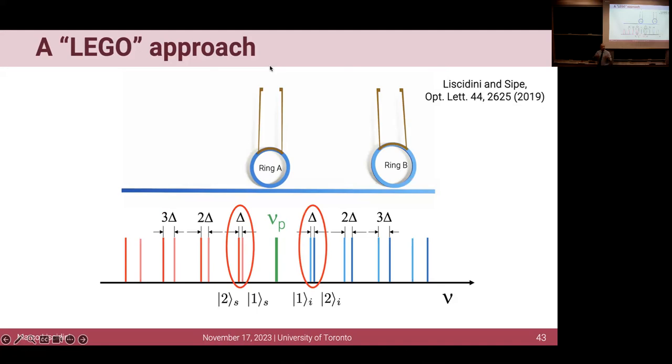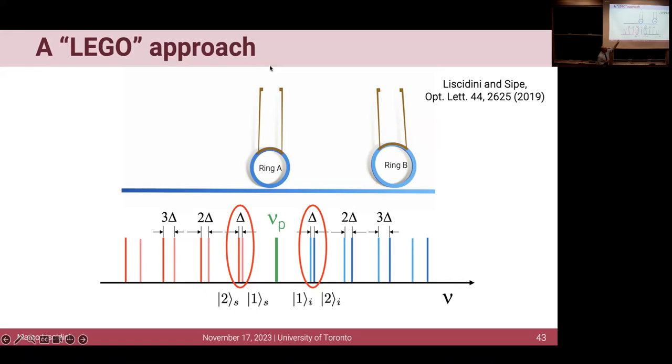What happens? Since they have a different free spectral range, I will end up with a comb frequency like this. Here you see there are two bands that have a distance that I can basically control, and the only limiting factor is the quality factor of the resonances, by changing the right ratio between the two radii.